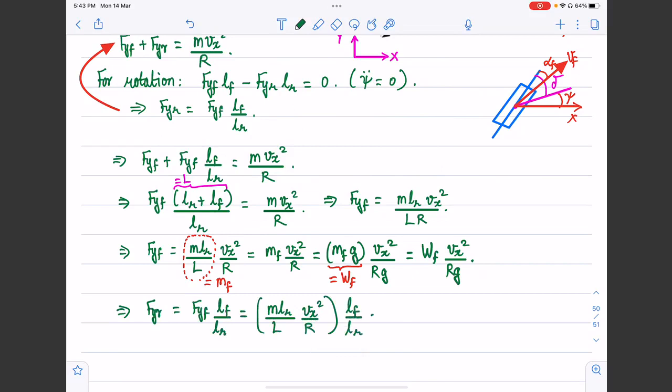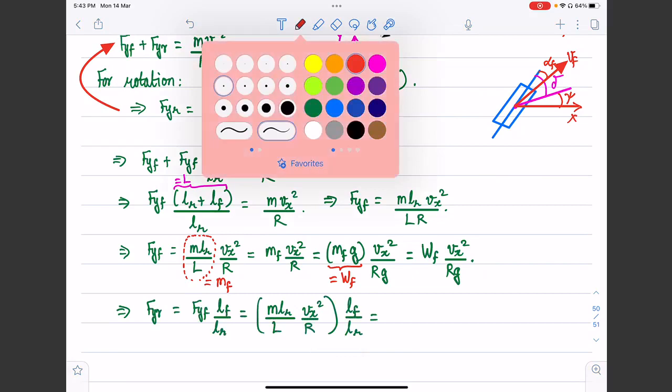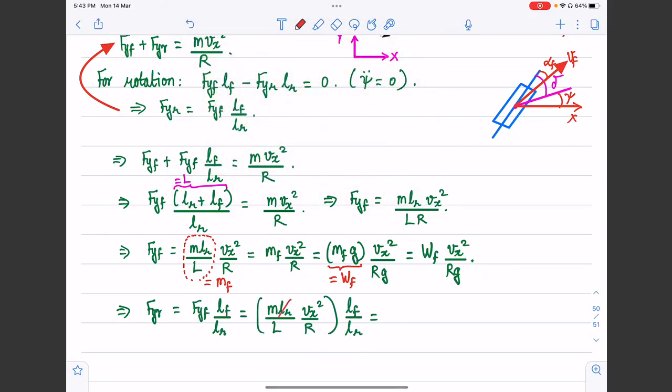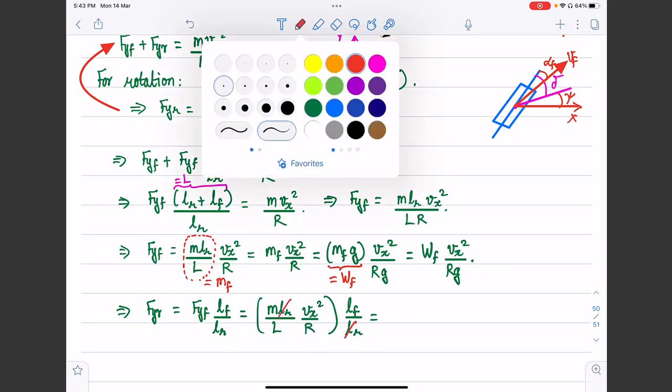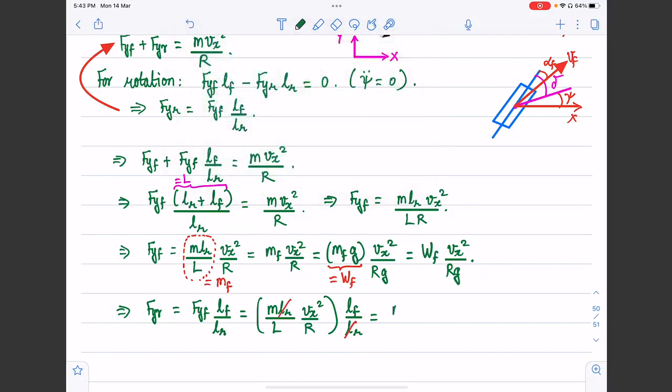So what is going to happen? Lr and Lr will cancel off here. So we are essentially going to be left with m Lf divided by L, Vx squared by R. And as we know, m Lf by L is going to be m subscript r.